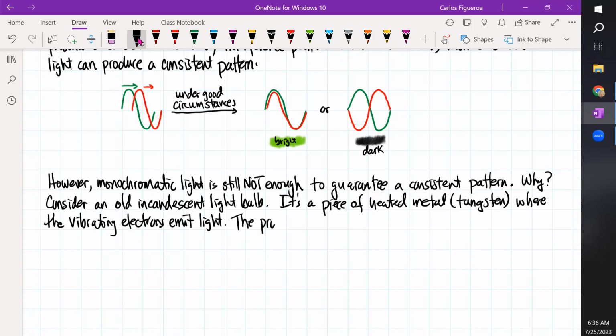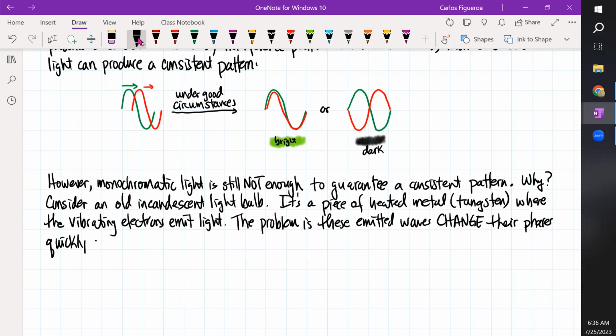The problem is these emitted lights or emitted waves change their phases quickly and randomly.